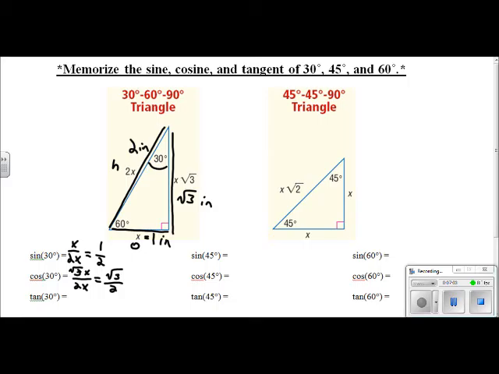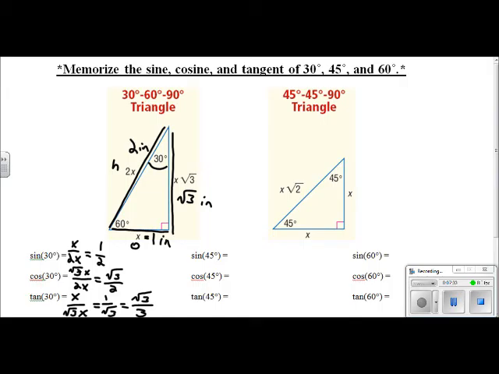So we would say that it is x over root 3x, which we can reduce to 1 over root 3. But we don't want to keep radicals in the denominator, so we have to multiply both the numerator and denominator by square root of 3. So that would reduce to root 3 over 3. So this is our sine, cosine, and tangent of 30 degrees.